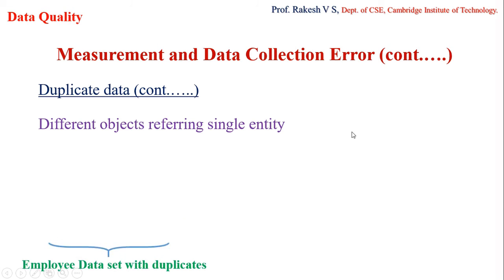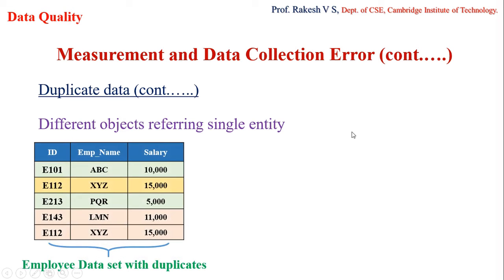I have an employee data set which has some duplicates in it. As you can see here, this particular row and this particular row actually represent the same data. First I compare the employee ID. Employee ID is the same, but since it is the same, I will not conclude that the entire row is the same. I see the employee name, and it is the same.